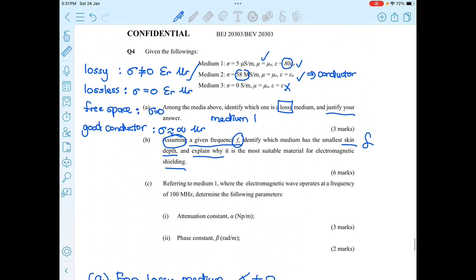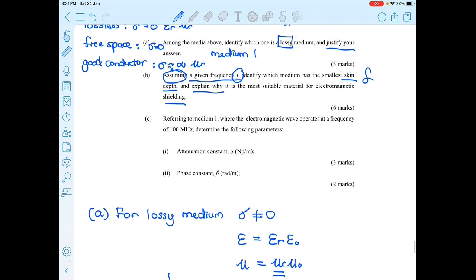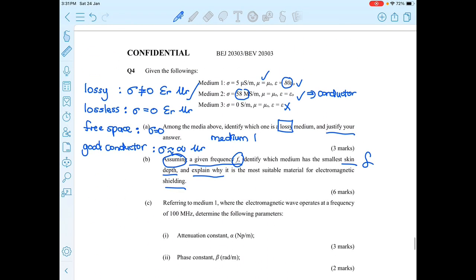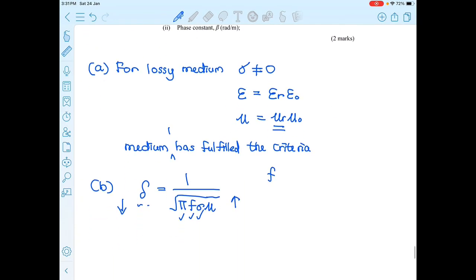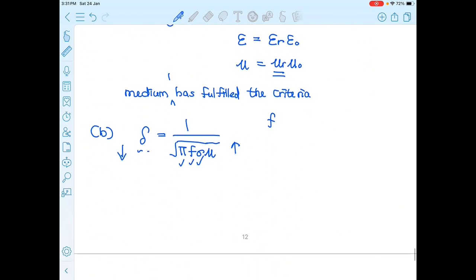Pi and f are fixed because you can assume f yourself. For the conductivity, you can compare all these mediums. Which one has the largest value? Medium 2, obviously. Only when sigma is represented by the properties of medium 2, 58 mega, will this become very big.